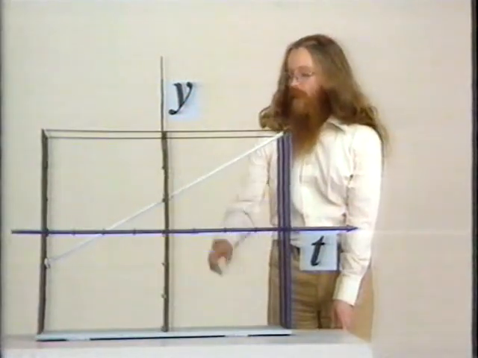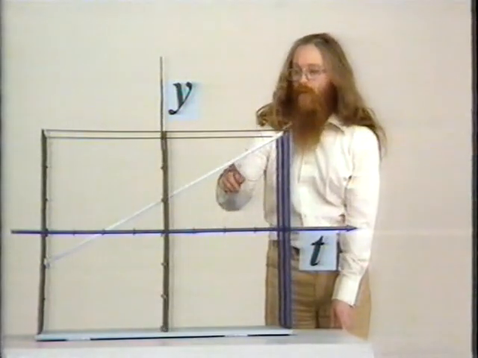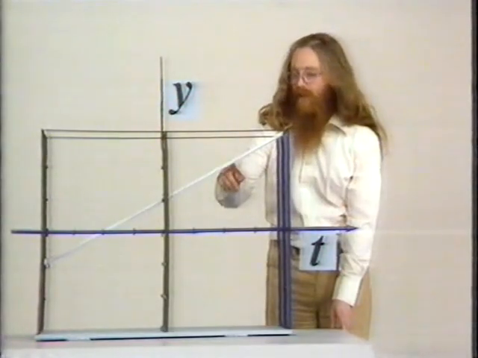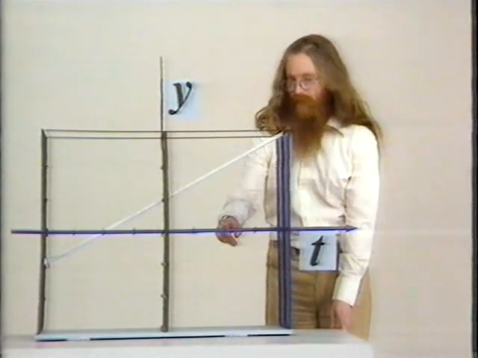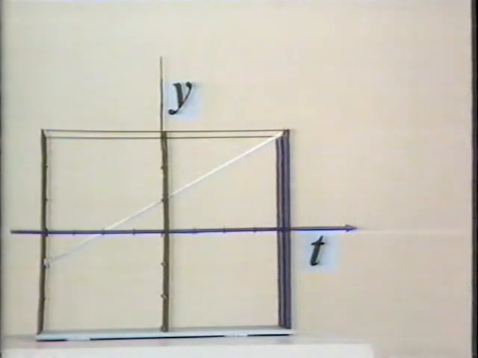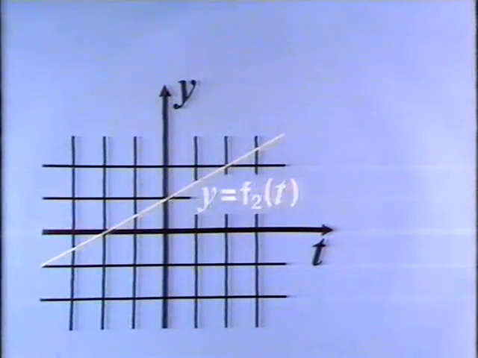You see, for each distance t, the image position has x-coordinate and y-coordinate, and the y-coordinate gives the height of this line above the t-axis. Now the y-coordinate is just given by the value of the function f2. So if we think of this view projected onto the ty plane, we see f2 represented as height against distance. The graph of f2.